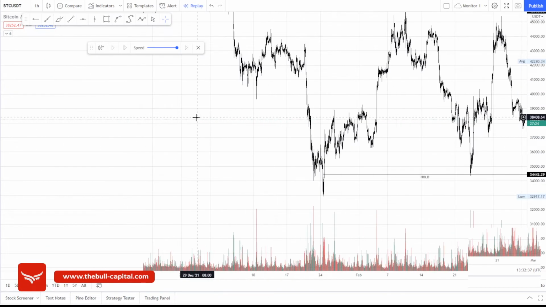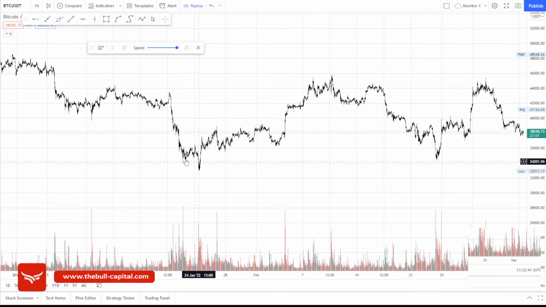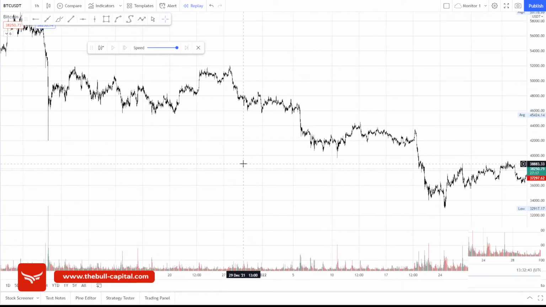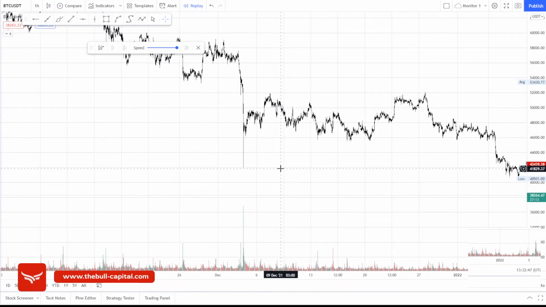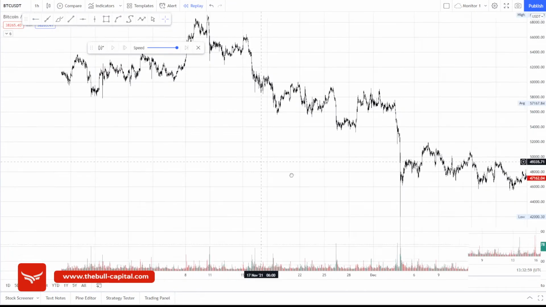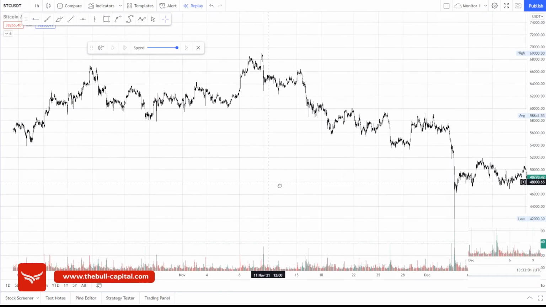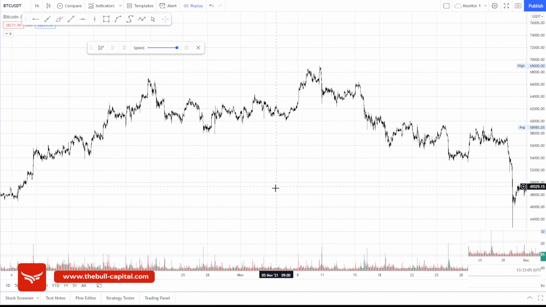Let's find another example. Let's see what we can find. Okay, this is a break level. This is way too much sideways movement. Let's actually skip this. Let's find some.